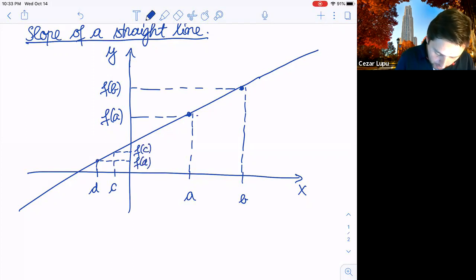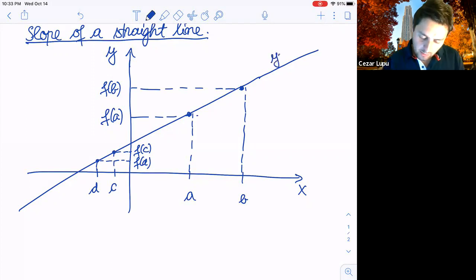So there will be these two points right here on the line, right? The equation of the line in slope-intercept form will be mx plus b. Now, here m, you know that this will be the slope.